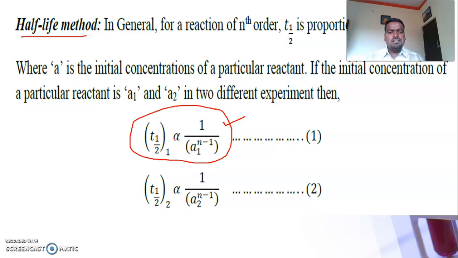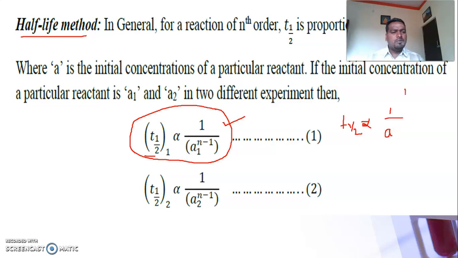We know that t half is directly proportional to 1 divided by a power n minus 1. I am going to remove this proportionality by introducing a constant. So I will take t half is equal to 1 divided by a power n minus 1.